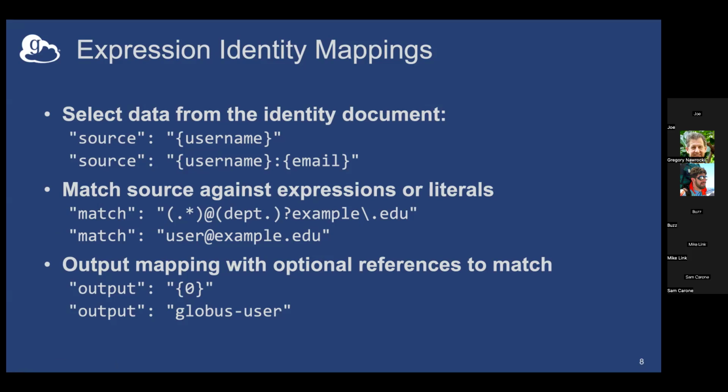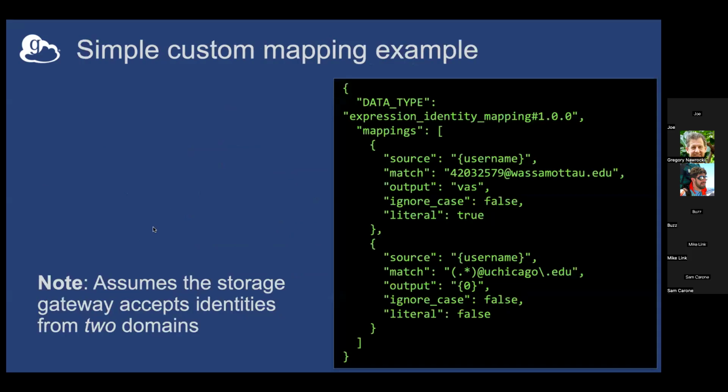And you can mix and match them and have multiple mapping expressions associated with a single storage gateway. So this is an example that shows two mapping expressions that are for different domains.